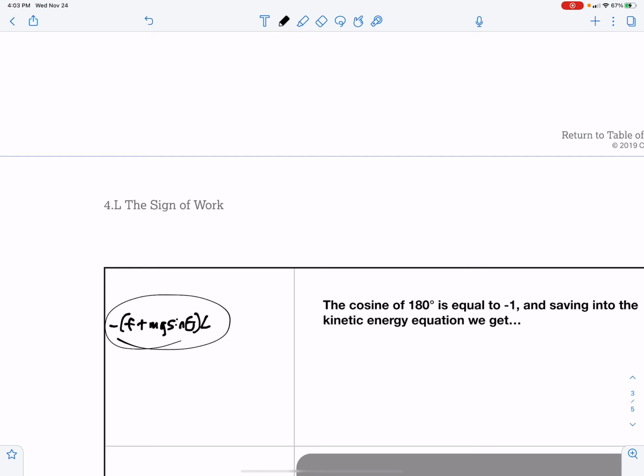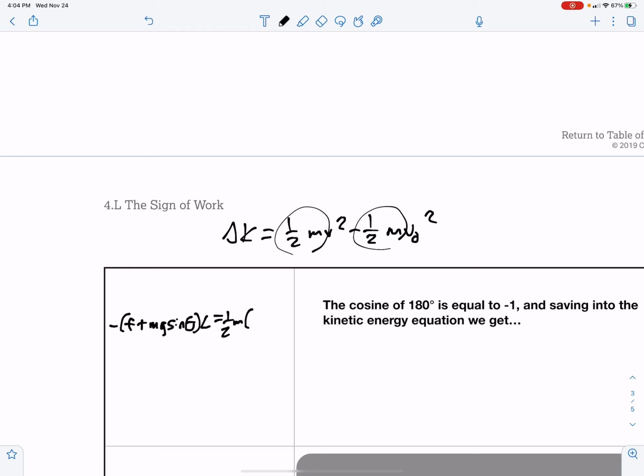And so what we end up with is negative friction plus mg sine theta, times L. That's the net work on the left side of the equation, equals 1/2 m, because that's common, times the change in kinetic energy, which can be written as 1/2 mv squared minus 1/2 mv naught squared. We're just factoring out a 1/2 m, so you understand where this is going. So v squared minus v naught squared.